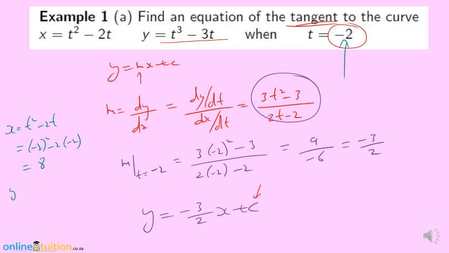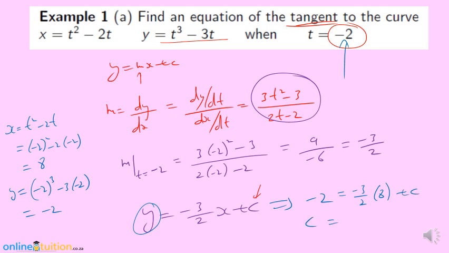And what is the y value? The y value is going to be minus 2 cubed minus 3 into minus 2. Minus 2 cubed is minus 8, and then you've got plus 6. So minus 8 plus 6 is minus 2. And no prizes for guessing, when y is minus 2, the gradient is minus 3 over 2, and x is 8, we can solve for c.